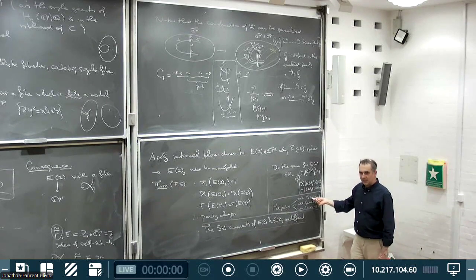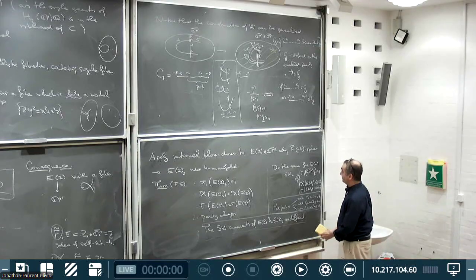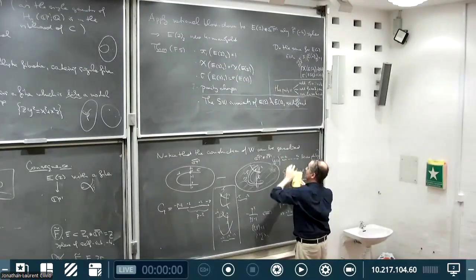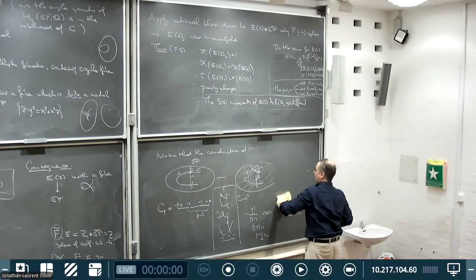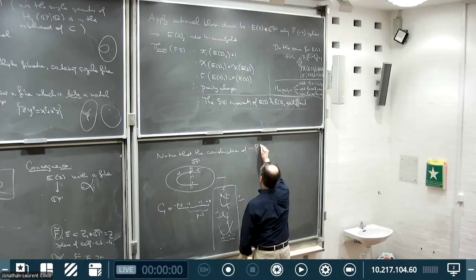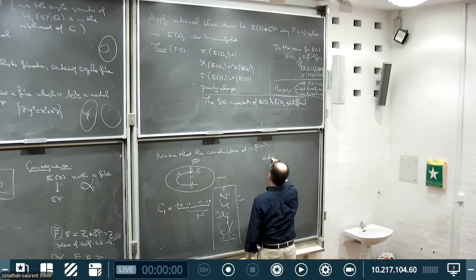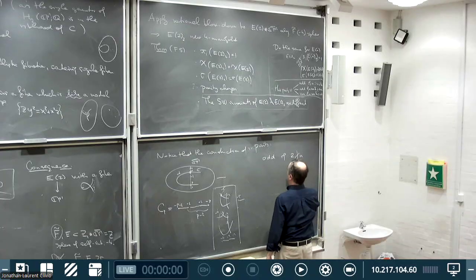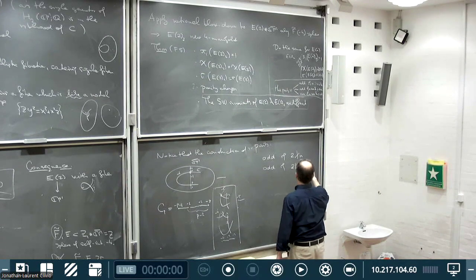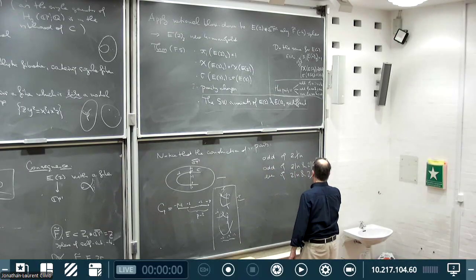So if n is odd, you can see it. Okay. Let's spell it out. So parity odd if n is odd, odd if n is even and p is even, and even if n is even and p is odd.